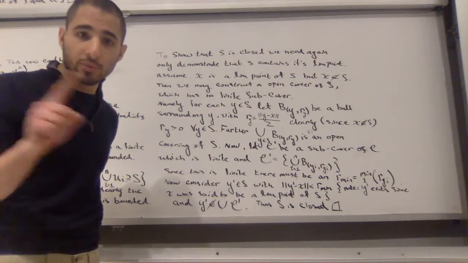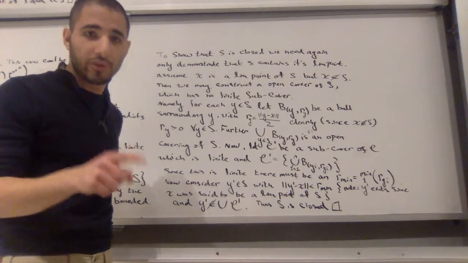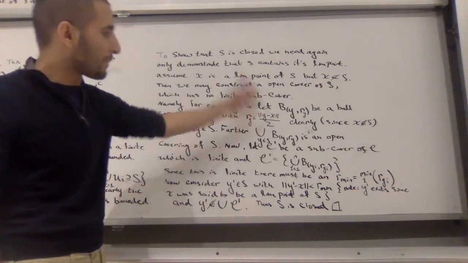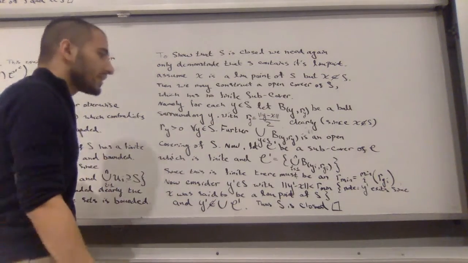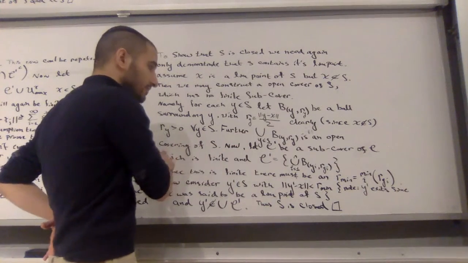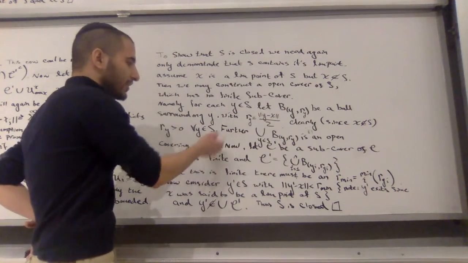If there's a y which we didn't cover, we would cover it with a ball centered at y of radius |y - x|/2. So this is an open covering of S.